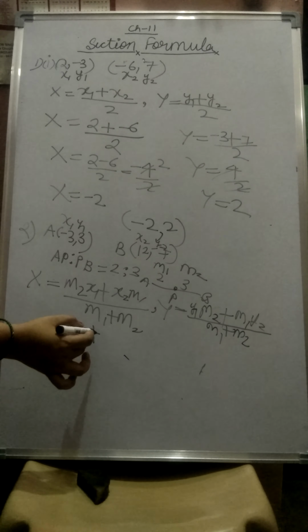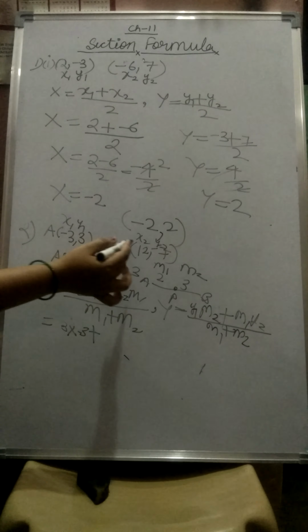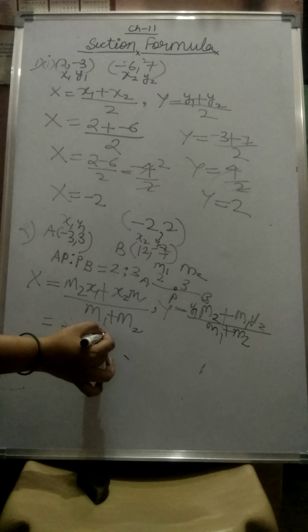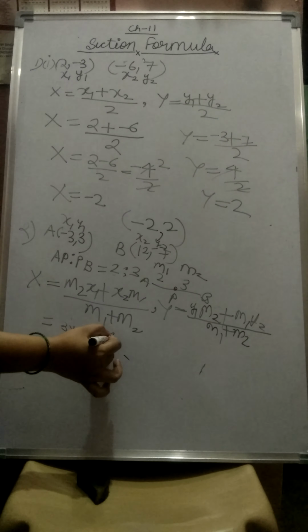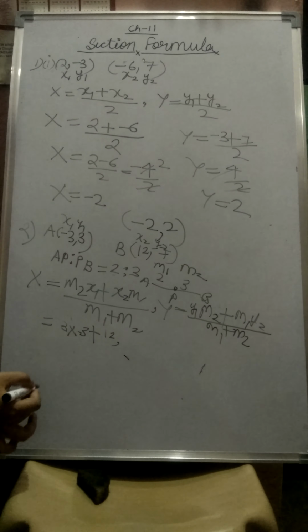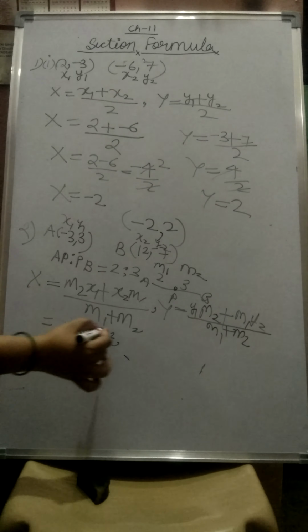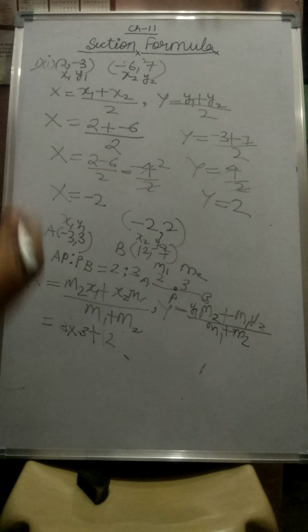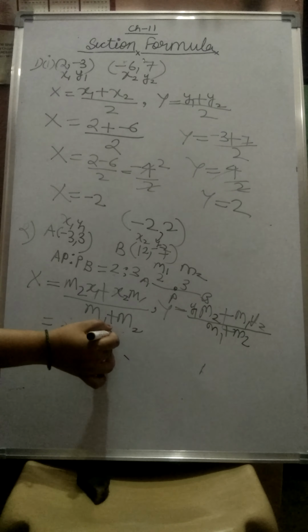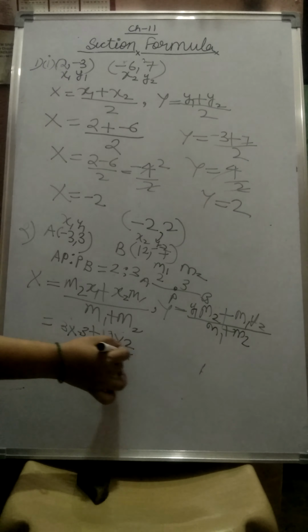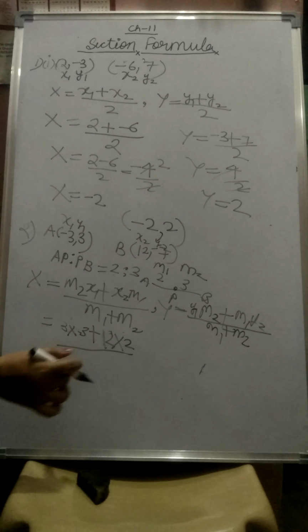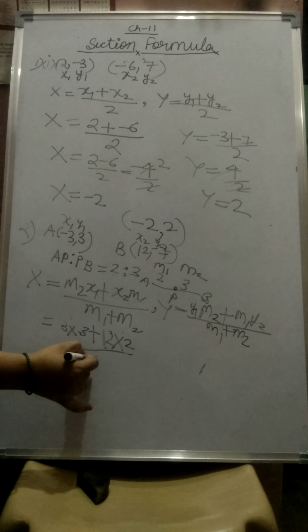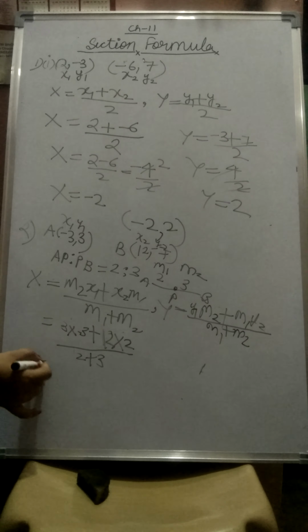x2 is 12 and m1 is 2, so 12 into 2, upon m1 plus m2. m1 is 2, m2 is 3. Let's simplify.